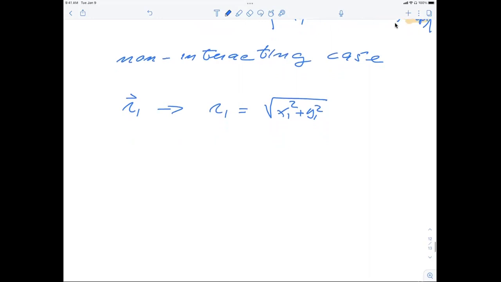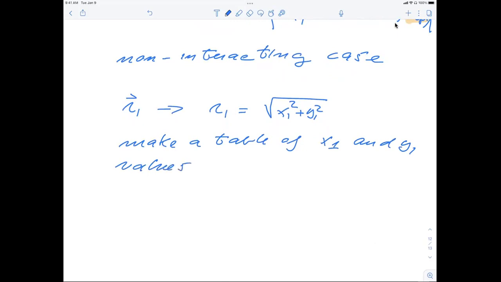So what you would need to do is to make a table of x1 and y1 values and compute this quantity rho as a function of x1 and y1.